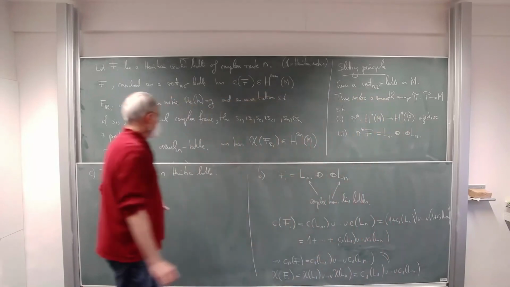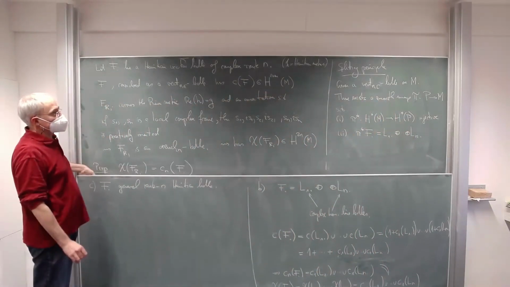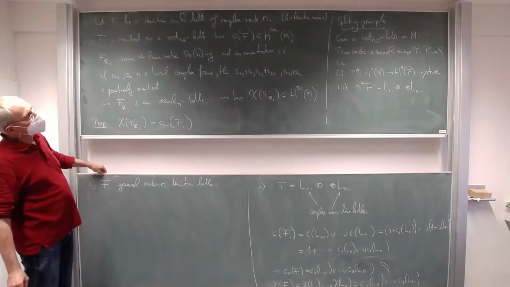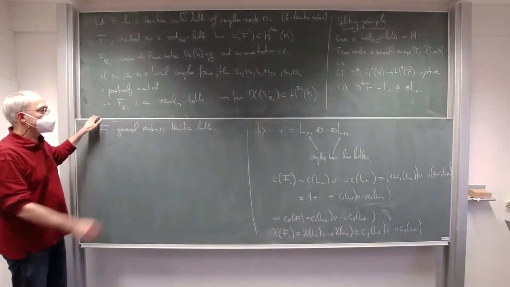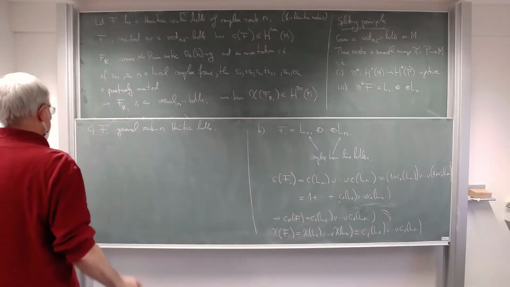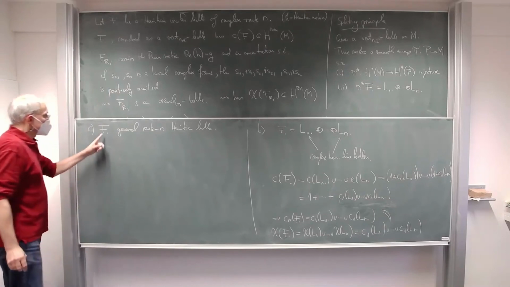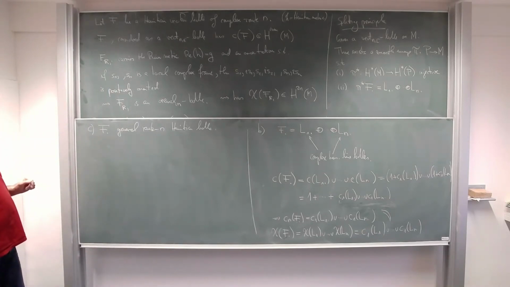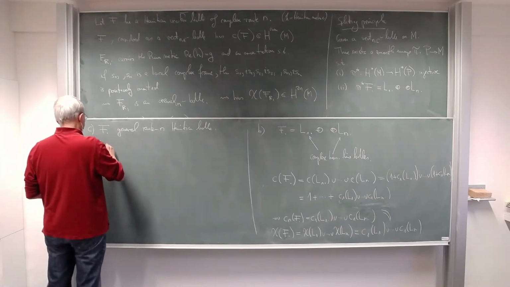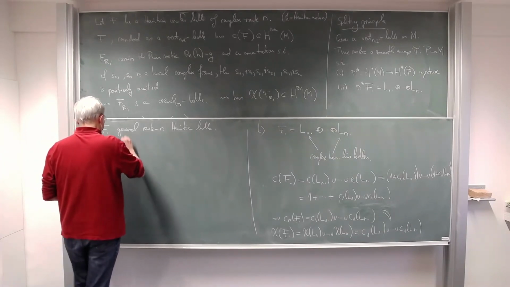So let's see how we can use this now. And if we find the time during this lecture course, we will prove the splitting principle, but at the moment, let's just apply it to see how useful it is. So in the general rank n bundle, so let's apply the splitting principle.